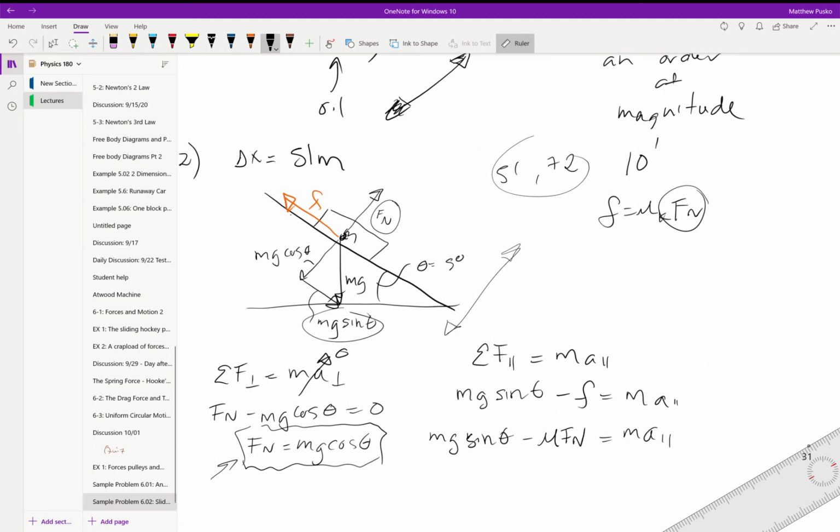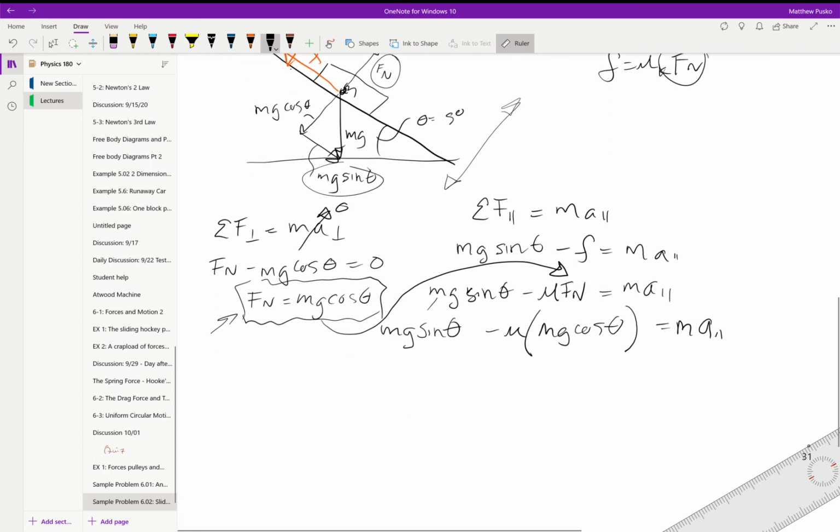And then we can also substitute our findings of the normal force, which was mg cosine theta. So copying down the rest. And this term mg sine theta. Okay, we got it now.